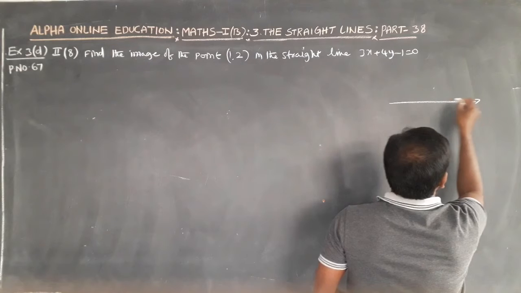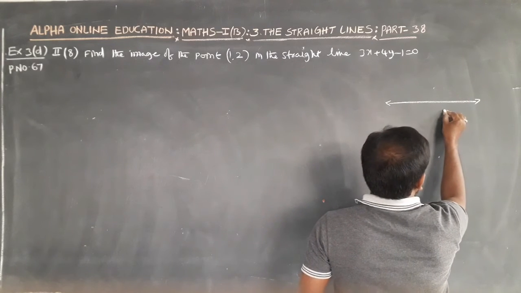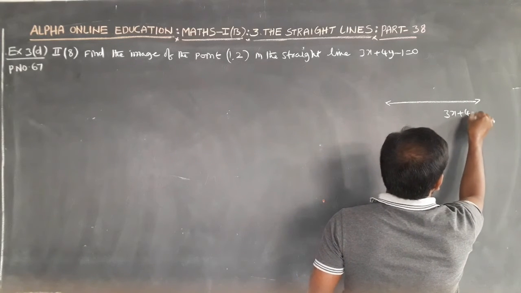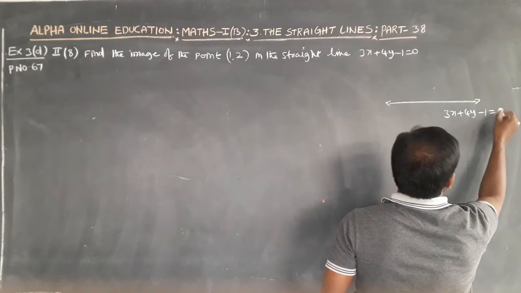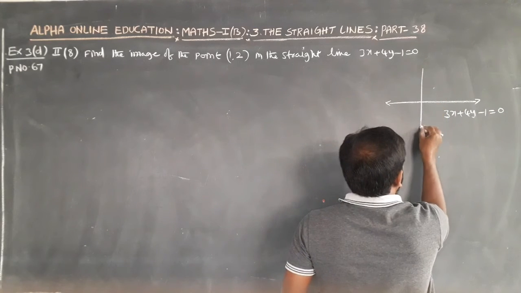This is the equation of the straight line, 3x + 4y - 1 = 0.